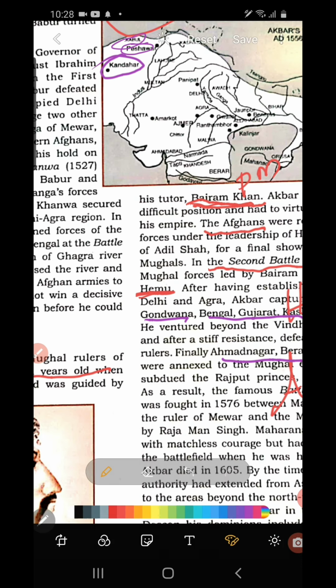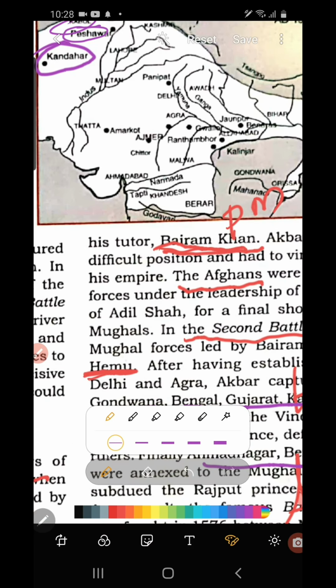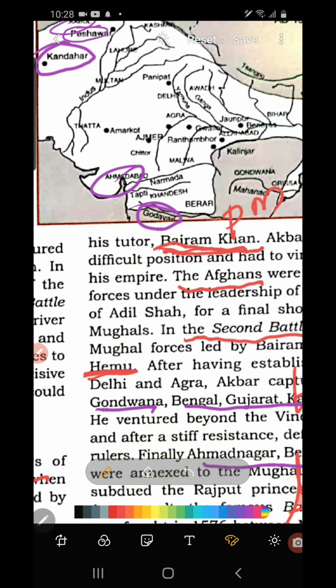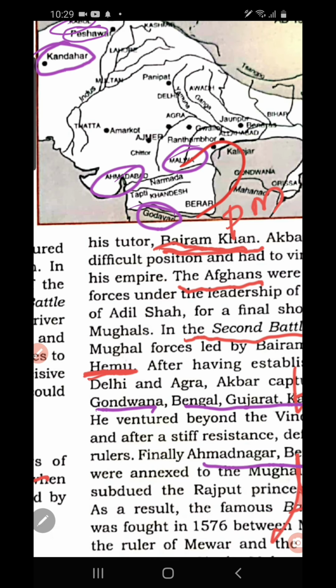All these regions came under his control. Then Ahmedabad, Gondwana, which is a South Indian region, then Malwa. So all these vast regions came under the control of Akbar. Clear?